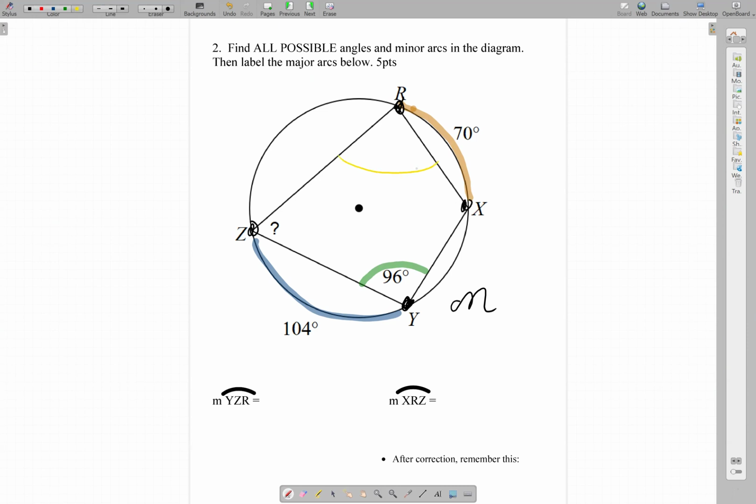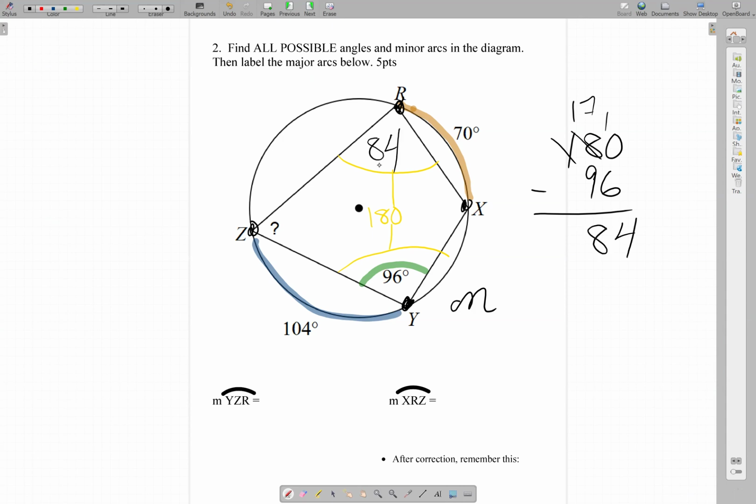Inscribed quads, opposite angles add up to 180. That's true of any inscribed quad. So I'm going to go ahead and do 180 minus 96 right off the bat. I get 84.